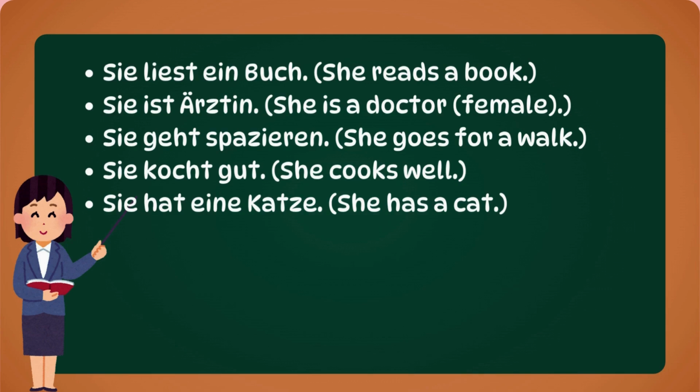Example number 3. Sie geht spazieren, which means she goes for a walk. Example number 4. Sie kocht gut, which means she cooks well. Example number 5. Sie hat eine Katze, which means she has a cat.